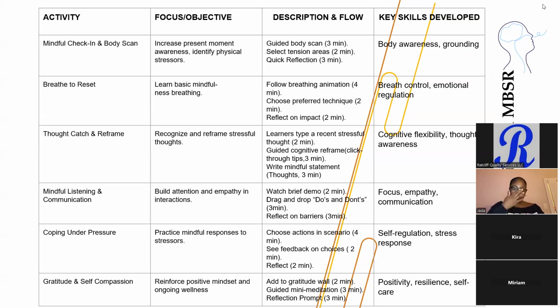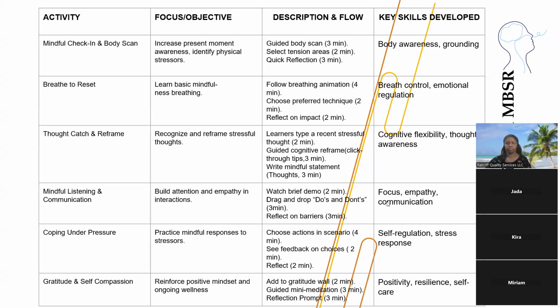What this is going to do is just have you reflect on all of the activities, the objective of this, and the description of how it is that you're feeling versus acting on it. The key skills developed are going to be breath control and emotional regulation.